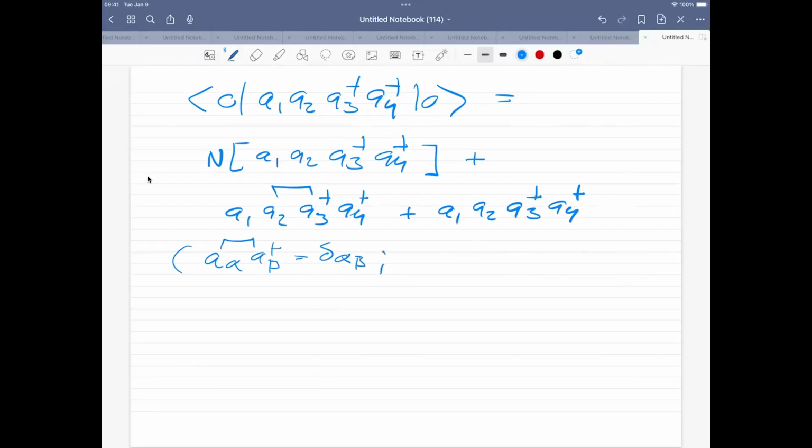All the other ones, A alpha, A beta, equal to A alpha, A beta dagger, and A beta, A alpha, all these are equal to 0.